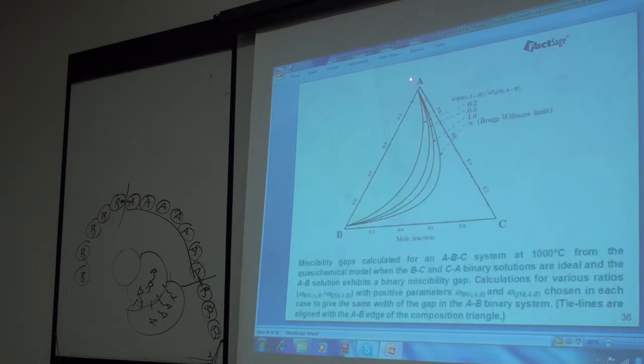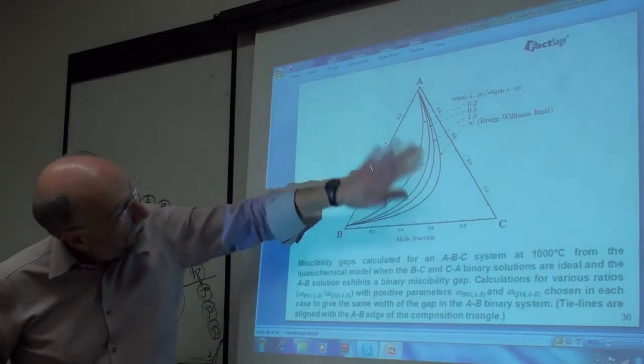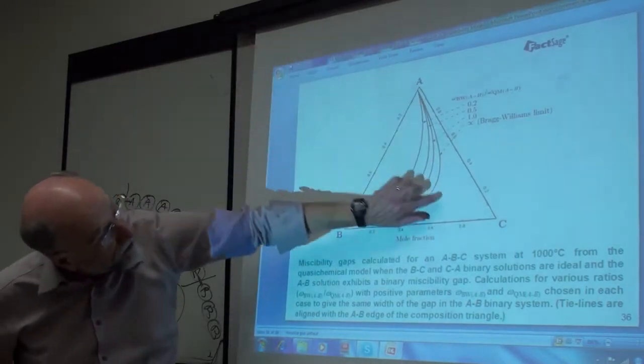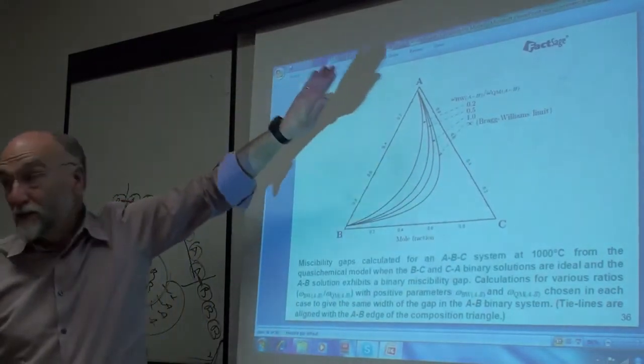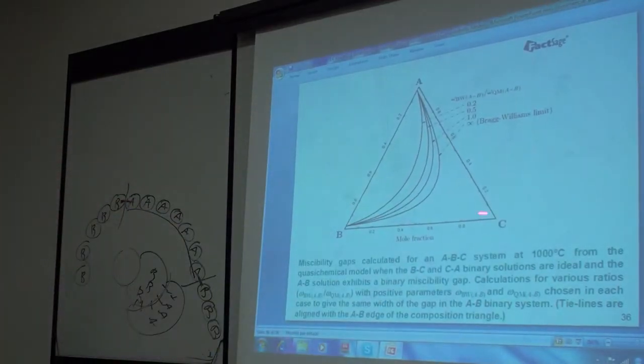And if you then project this out into the ternary system, the two-phase boundary comes out like this. The miscibility gap comes down, of course, it ends down here, but there's like a dome that comes up here and comes down. How far out that dome projects towards C, again, depends upon the ratios here. If the omega Bragg-Williams, it's the same thing. The omega Bragg-Williams gives you the biggest miscibility gap.